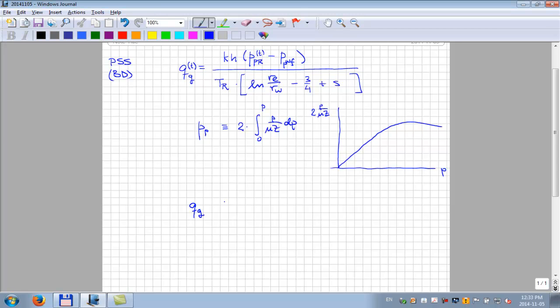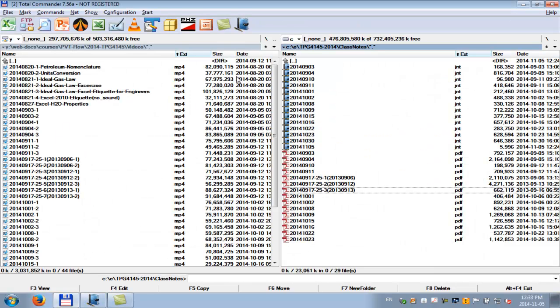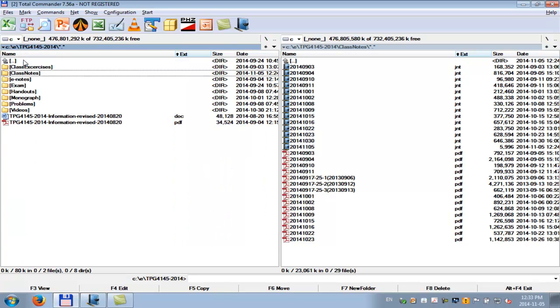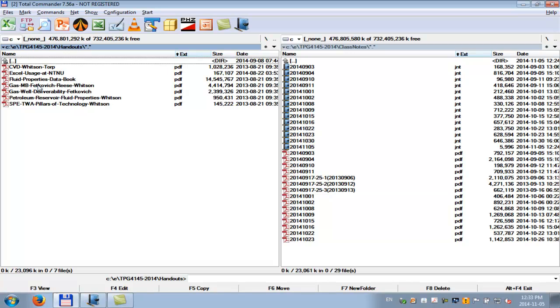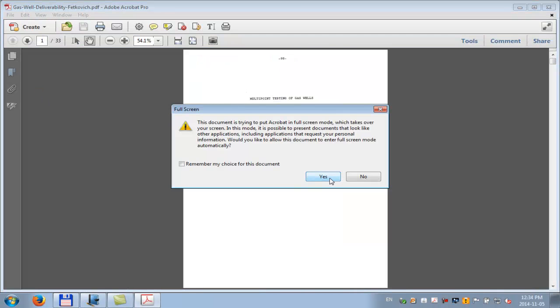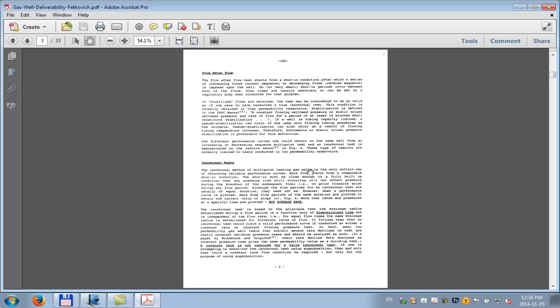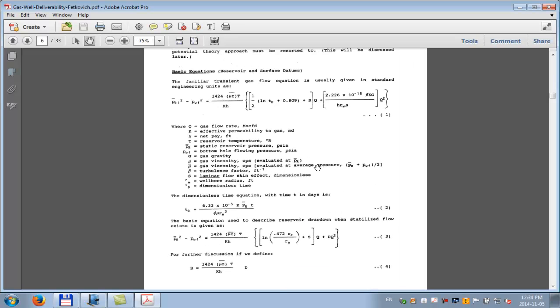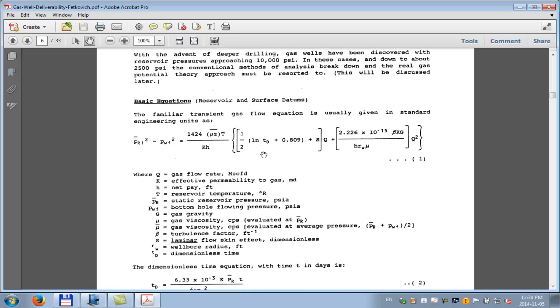In the Fetkovich paper that you should have been reading, he also talks briefly about the infinite acting condition, just very briefly. And I wanted to pull up that paper, which is why I got stuck here, handouts. This is the paper. Okay, this is an equation.